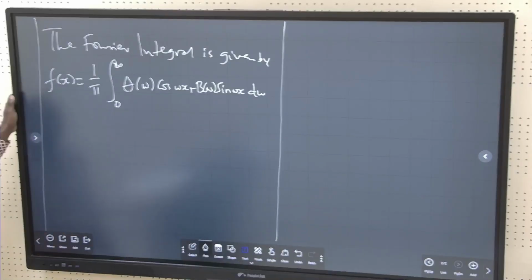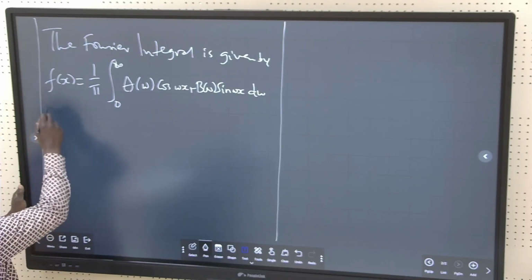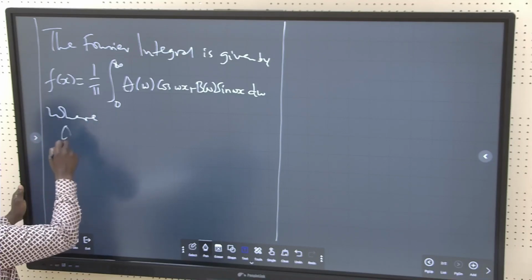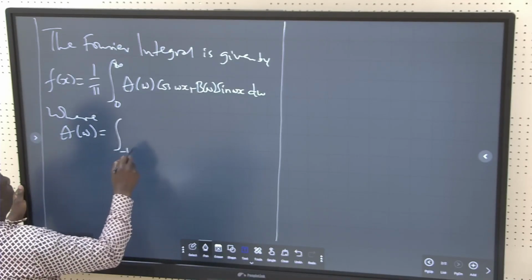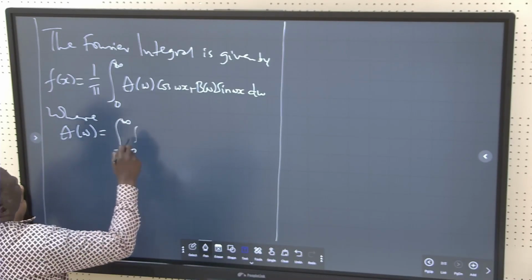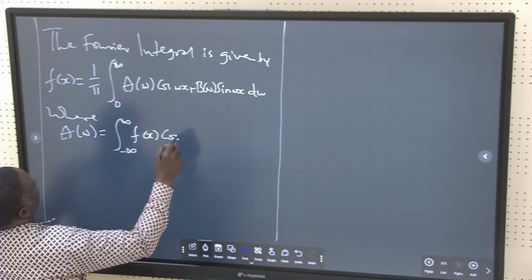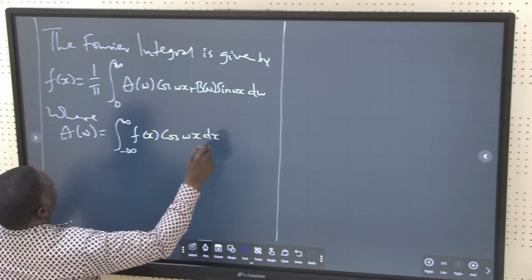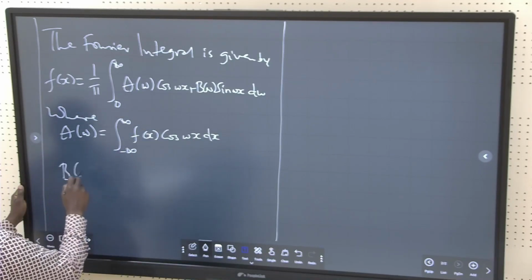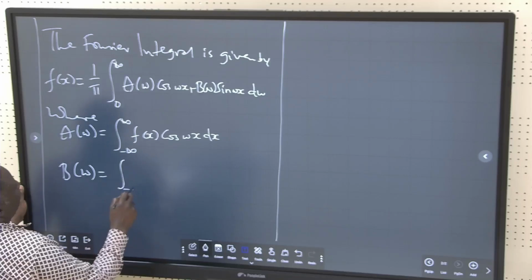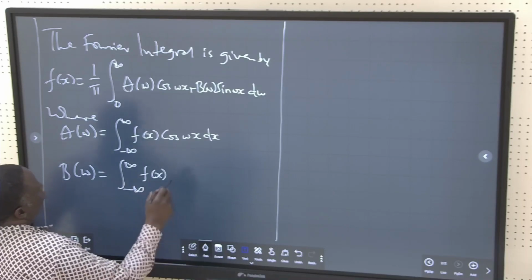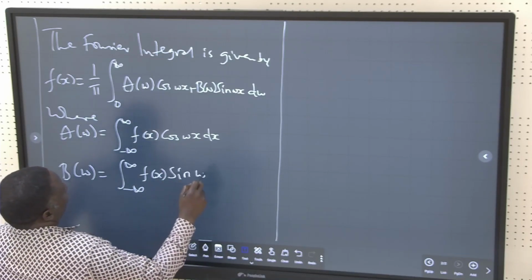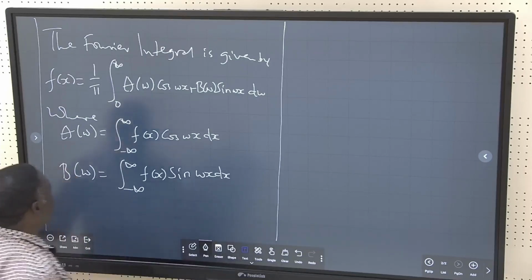This is how the function f of x is given as the Fourier integral, where a omega is given by the integral from negative infinity to positive infinity of f of x cosine omega x with respect to x, and b omega is given by the integral from negative infinity to positive infinity of f of x multiplied by sine omega x with respect to x.